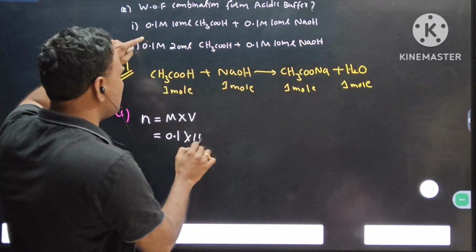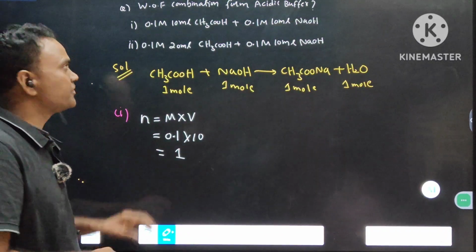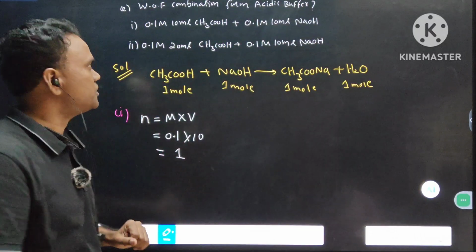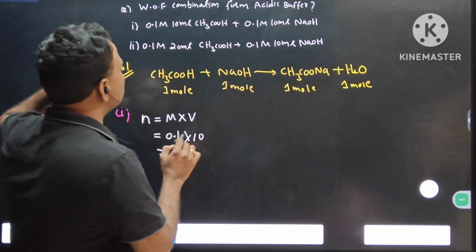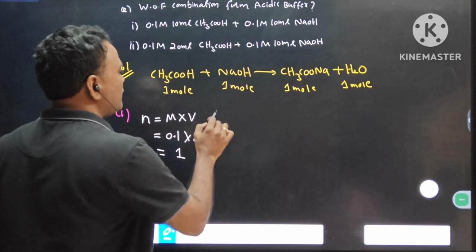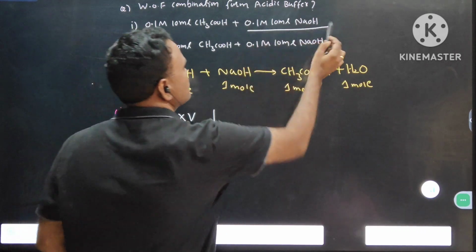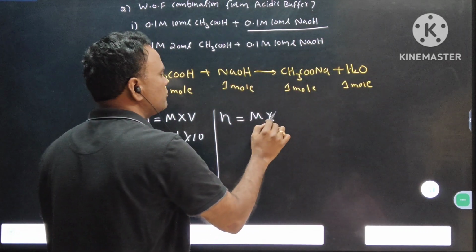And volume is 10 ml. How many moles? 1 mole. We are checking first combination. Clear? So in the first option, moles of acetic acid are 1 and moles of sodium hydroxide. How many moles? Same formula. Number of moles is equal to molarity into volume.